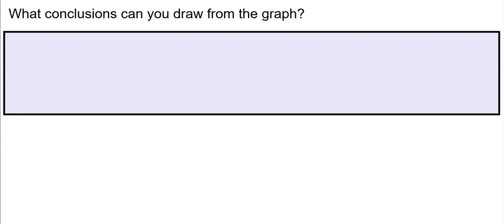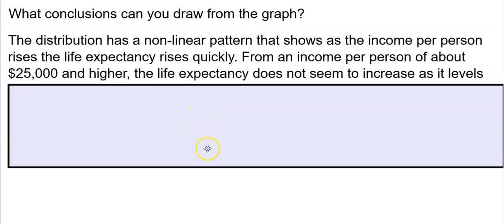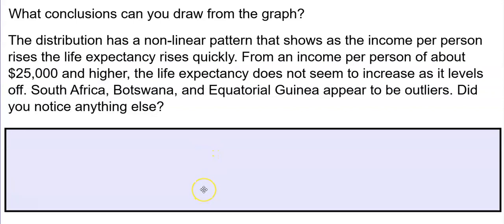All right, welcome back. What I noticed from this is, as I stated earlier, this distribution is nonlinear. It shows that as the income per person rises, the life expectancy rises quickly.